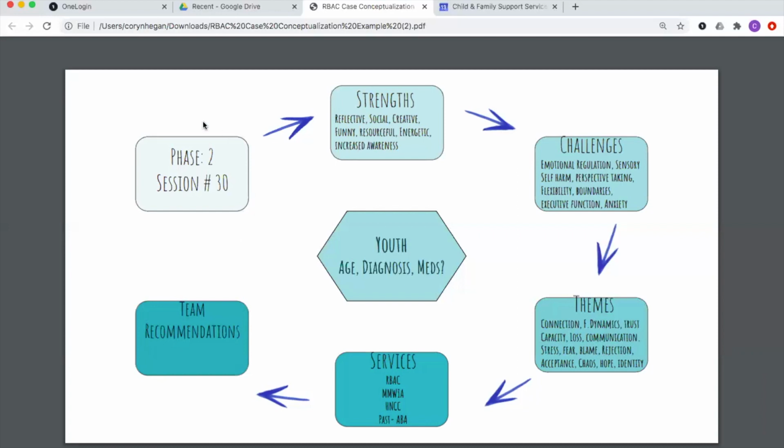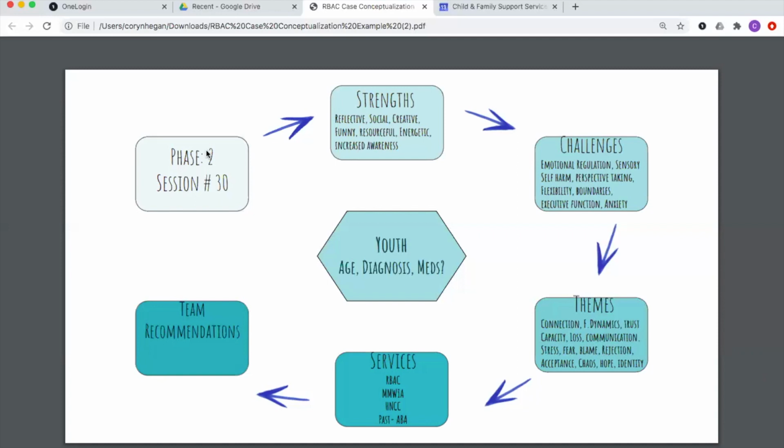Up here, we like to highlight what phase we're in and the number of sessions, just to give insight. Phase 1 is engagement, phase 2 is where we are building skills, and phase 3 is skill integration. This is really important.